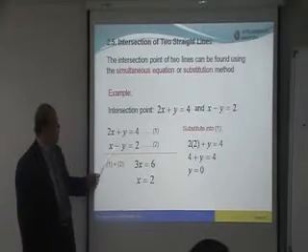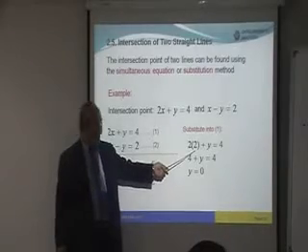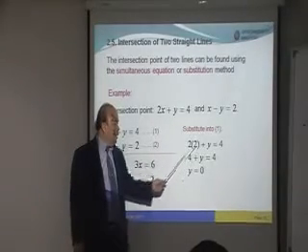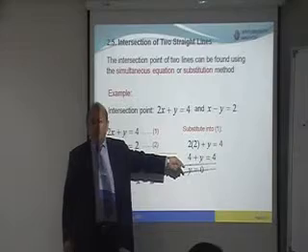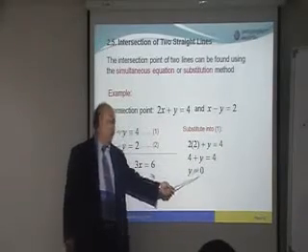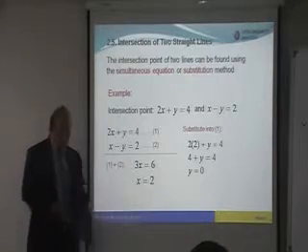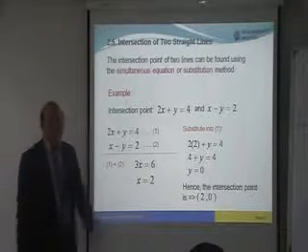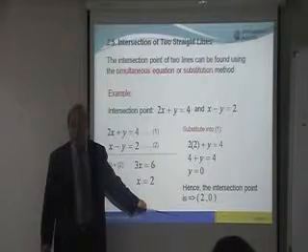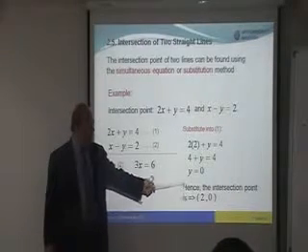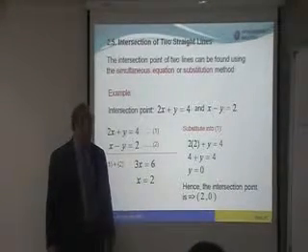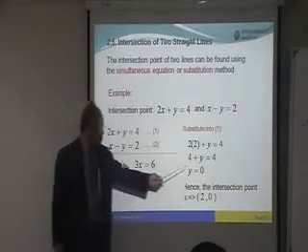So you have 2 times 2 plus y, so this is 4. Move this 4 to the right side. 4 minus 4 is what? 0. So if we have found the value of x and y, don't forget to put the conclusion. Understand? Kesimpulan, hence the intersection point is x 2, y 0.